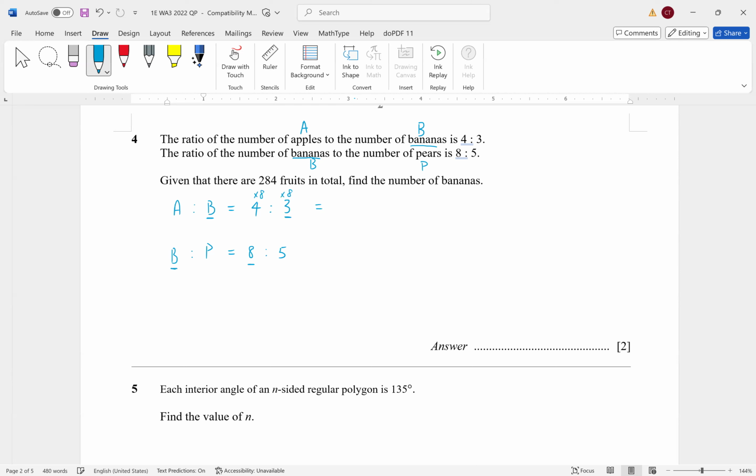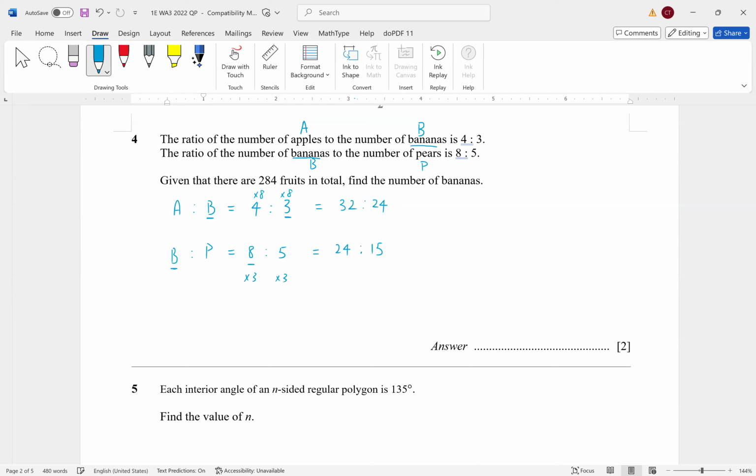So this will give me 32:24. Then I need to make the units for bananas in the second ratio also 24, which means I need to multiply by 3. And if I multiply by 3, I need to multiply the units for pears by 3 as well. So you'll get 24:15.